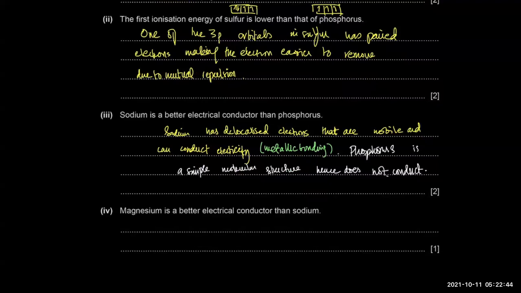So the only difference is that magnesium has two free or delocalized electrons per atom that can conduct electricity, versus one from sodium.